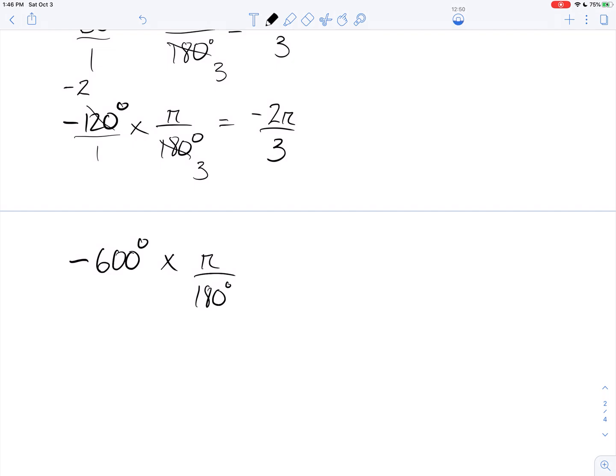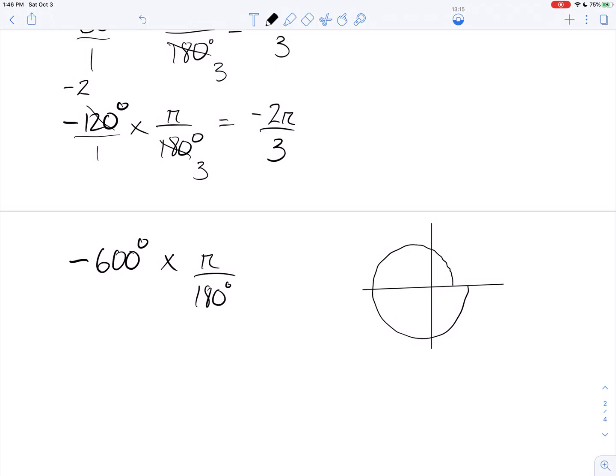And then I look at that and I go, wait a minute, negative 600, how do you have a negative 600 degree angle? That's crazy talk. No. For those of you who are snowboarders or whatever, you could go around the circle 360 degrees. You could go in a negative direction.